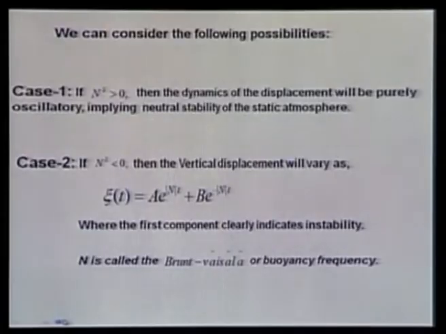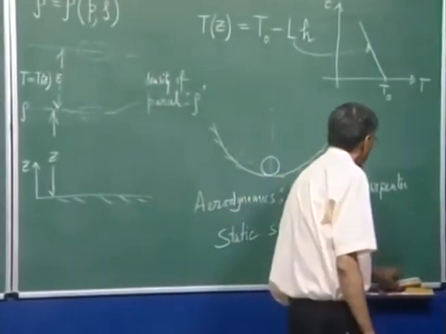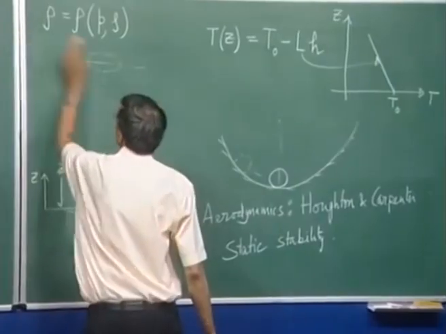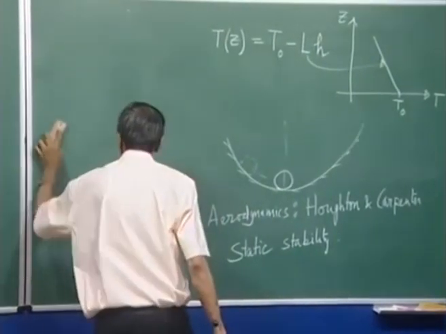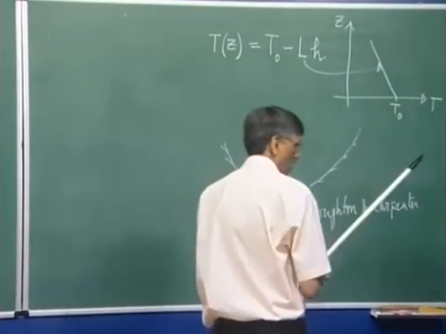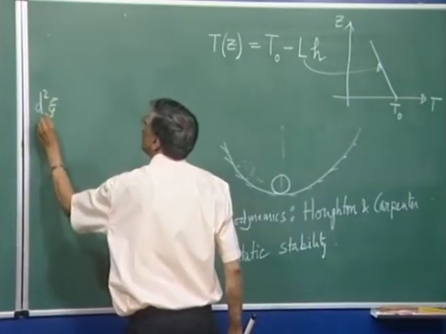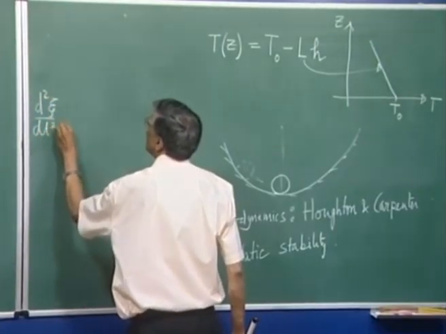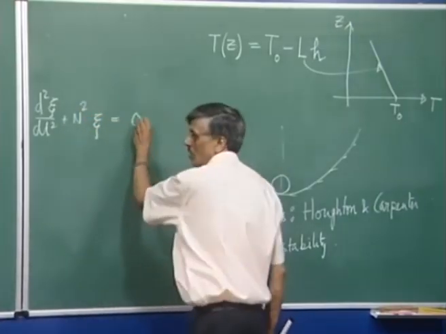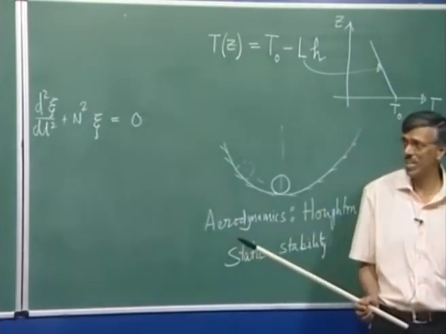Now, if you look at the previous expression, what did we have? We have obtained the governing equation as simply this, d²ξ/dt² plus N²ξ equals zero, and as we discussed, N is not strictly a constant.